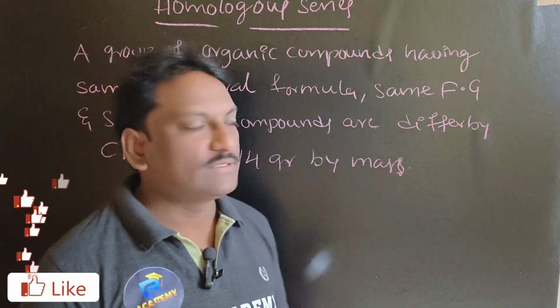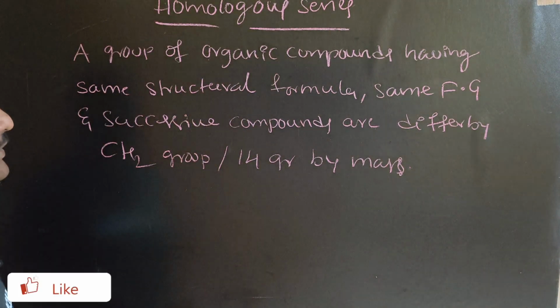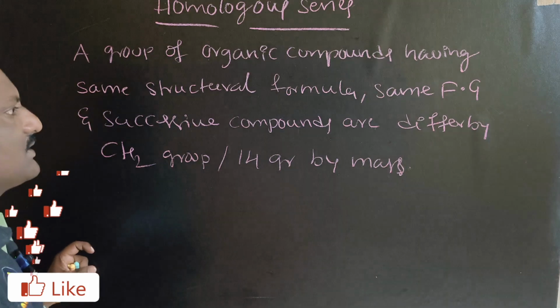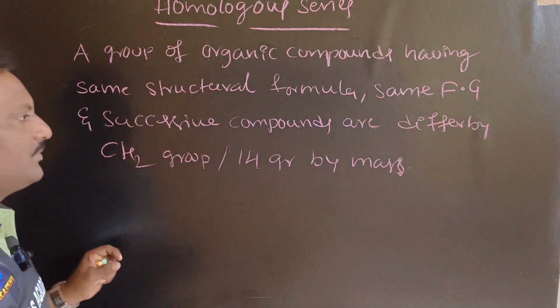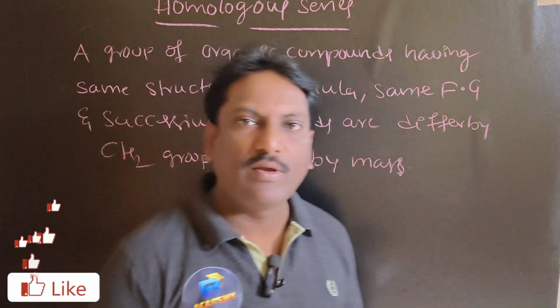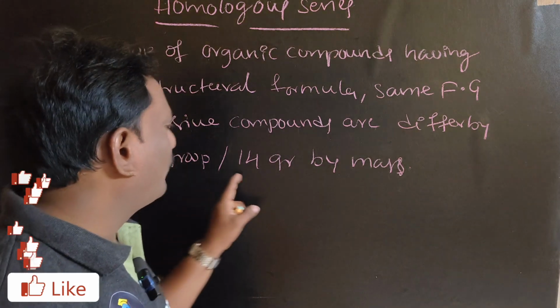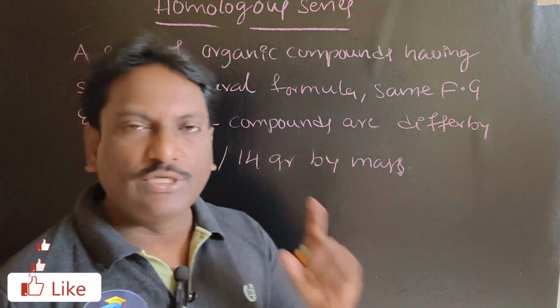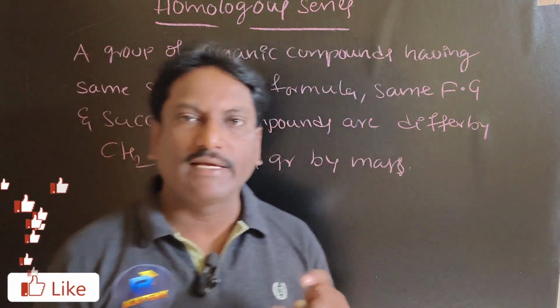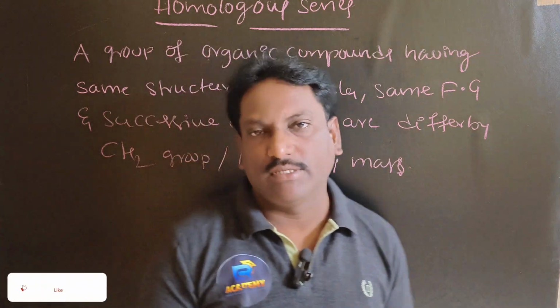A group of organic compounds having the same structural formula, same functional group, and successive compounds differing by a CH2 group or 14 grams by mass is considered a homologous series.